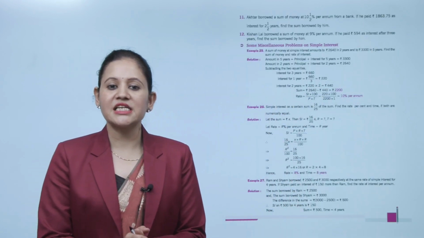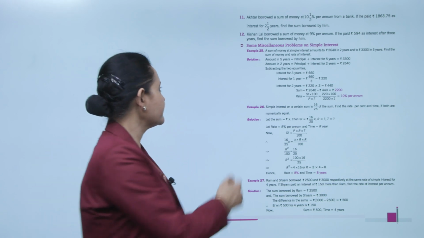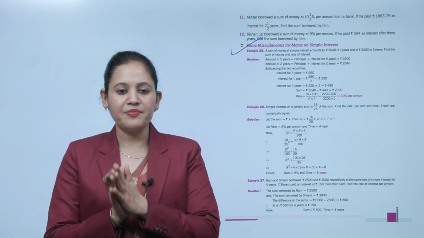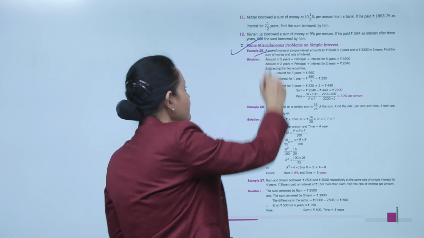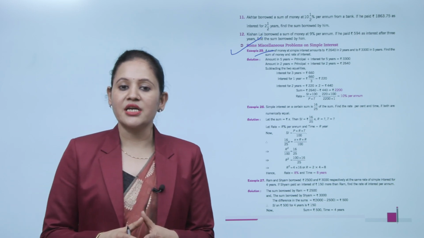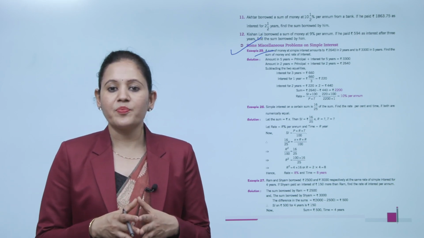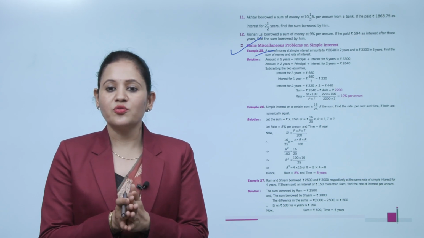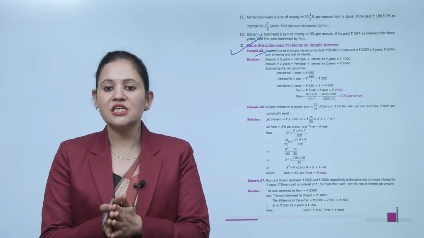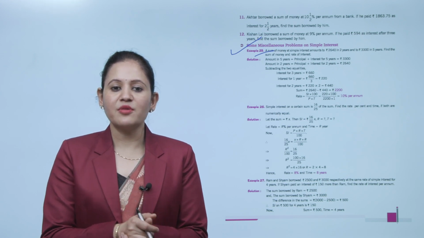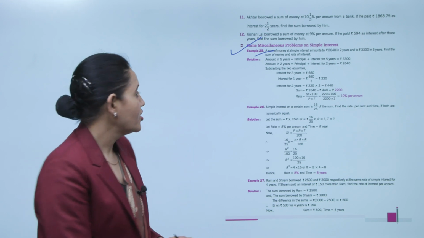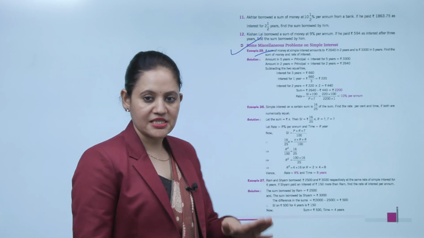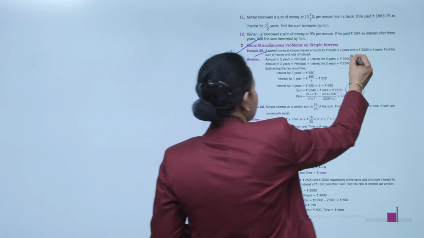Next is a miscellaneous problem on simple interest. We will understand this with the help of an example. A sum of money at simple interest amounts to rupees 2,640 in 2 years and rupees 3,300 in 5 years. Find the sum of money and the rate of interest. So amount in 5 years, principal plus interest in 5 years, equals rupees 3,300.